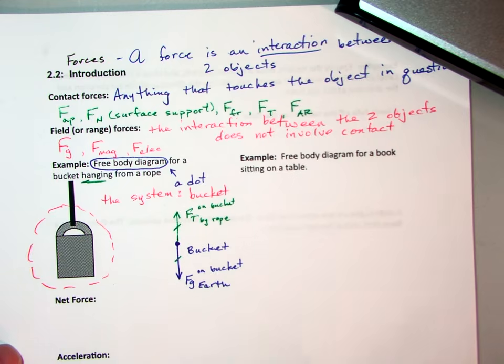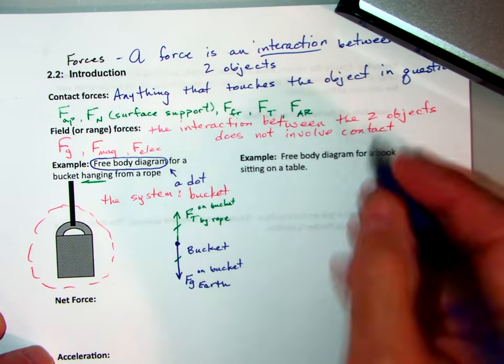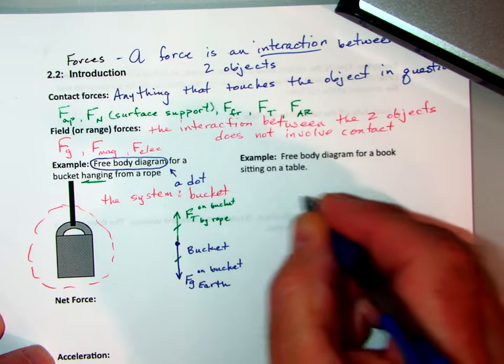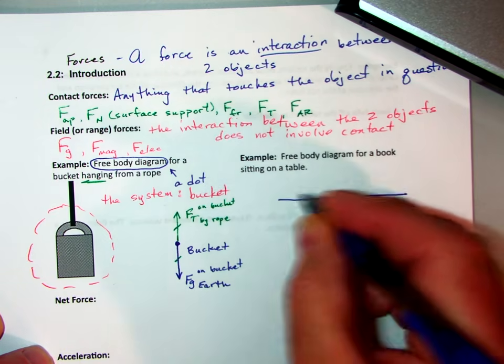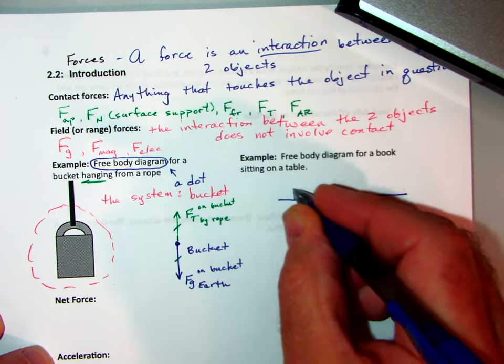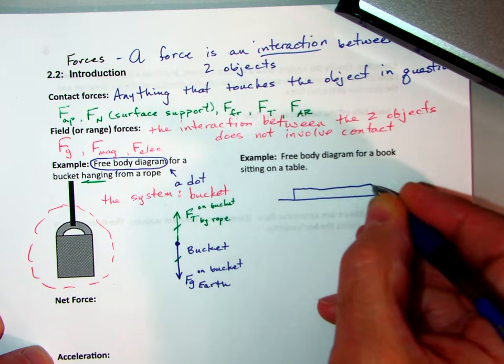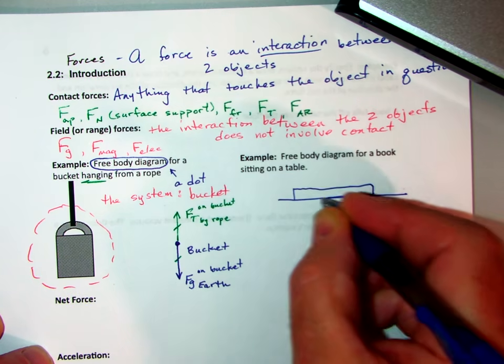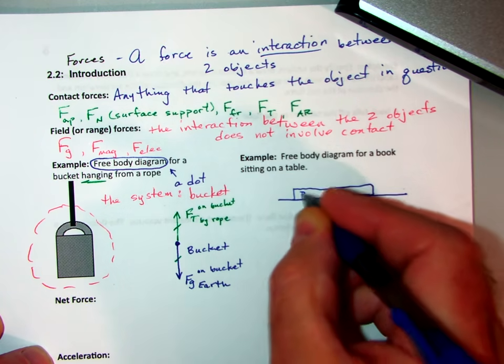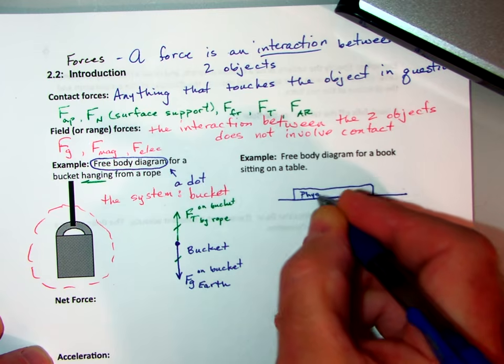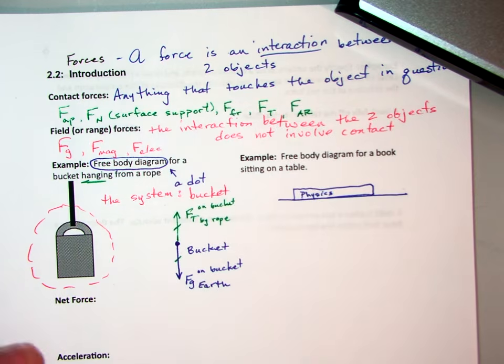Right. The second example here is a free body diagram for a book sitting on a table. So we've got a table and we have a physics book sitting on the table.